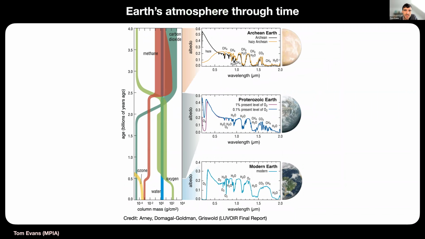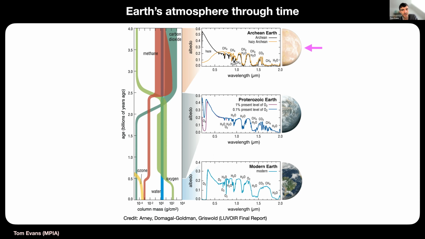But oxygen isn't the only biomarker to consider. So evidence for life on Earth dates back to around 4 billion years ago. And since then, the atmospheric composition has evolved significantly, with the biosphere playing a key role in this evolution.